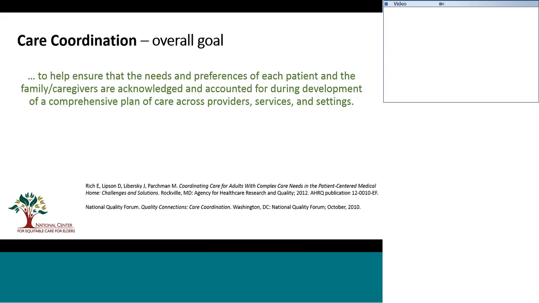This is really imperative, particularly with older adults, as the patient may be bringing family and caregivers into their healthcare needs. Making sure that everyone understands what the plan is, who's involved, what their respective roles are, and all the logistics around it is very important.